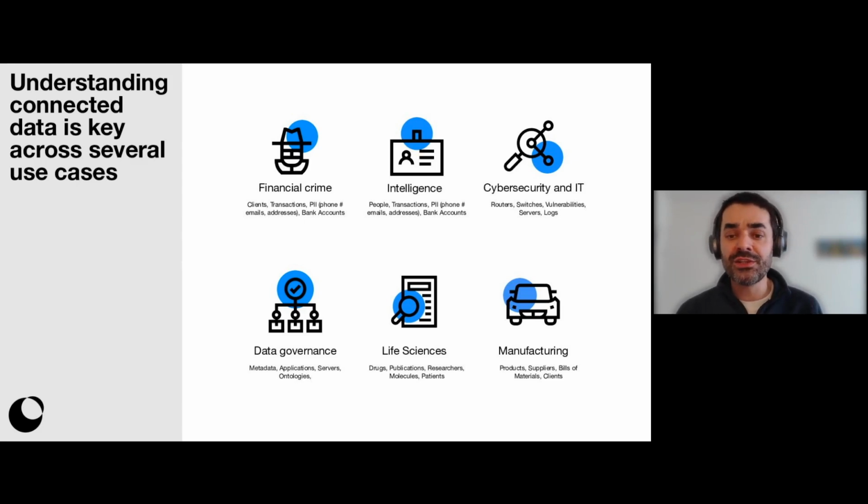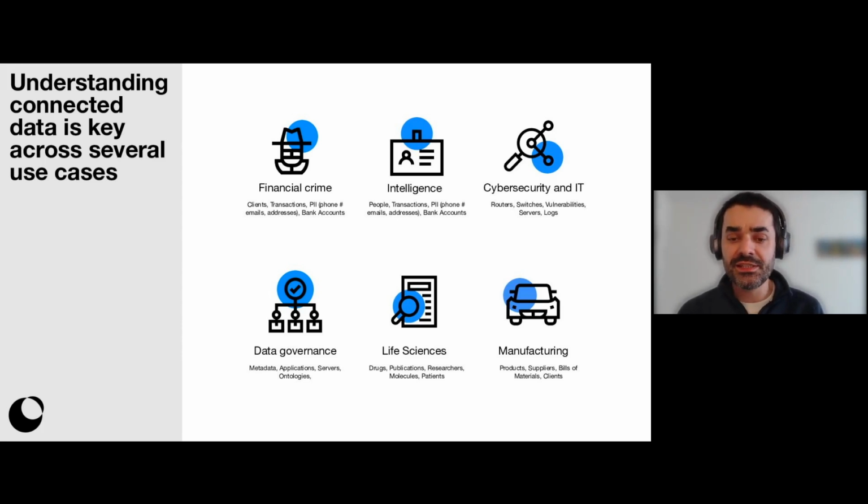In intelligence and law enforcement, folks are interested in relationships across people, transactions, email addresses, bank accounts, just like in financial crime. In cybersecurity and IT, the data can be a bit different. It can be routers, switches, vulnerabilities, servers, logs. In data governance, the data is yet again different. We can be discussing metadata, applications, servers, ontologies, and all of that is interconnected.